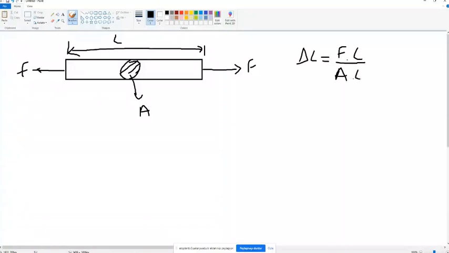Delta L is equal to FL over AE, Young modulus. The material property is not included.